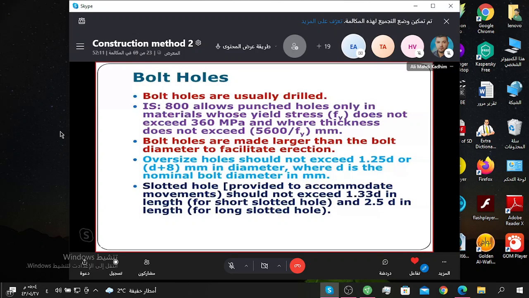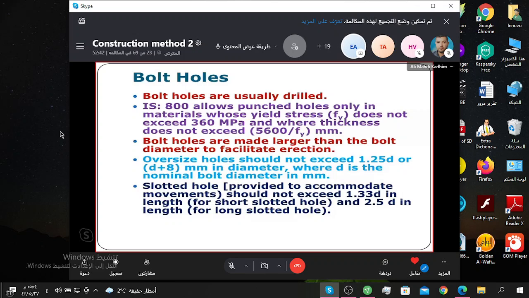Oversized holes should not exceed 1.25 D or D plus 8 millimeter in diameter, where D is the nominal bolt diameter in millimeter. Slotted holes provided to accommodate movement should not exceed 1.33 D in length for short slotted holes and 2.5 D in length for long slotted holes.